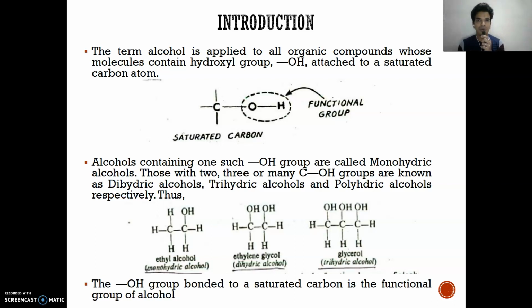So this is the introduction about alcohol. We already know that alcohol is a compound containing an OH group. The term alcohol is applied to all organic compounds whose molecules contain a hydroxyl group, that is the OH group, attached to a saturated carbon atom. We already know a saturated carbon atom is one whose valence is fulfilled. So in C-OH, C is the saturated carbon atom, and OH is the functional group, that is alcohol.